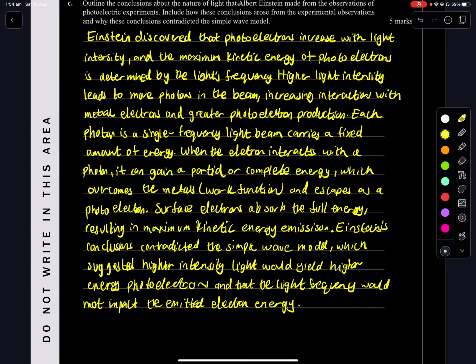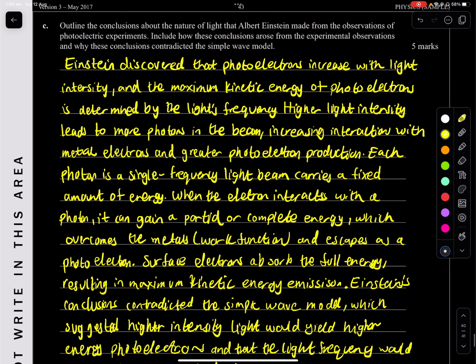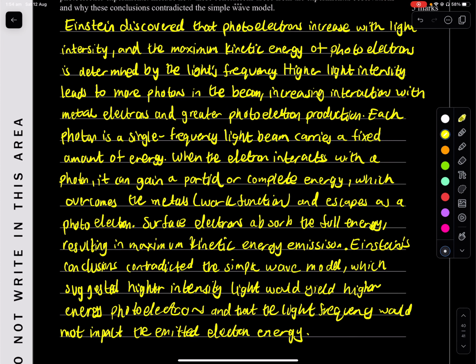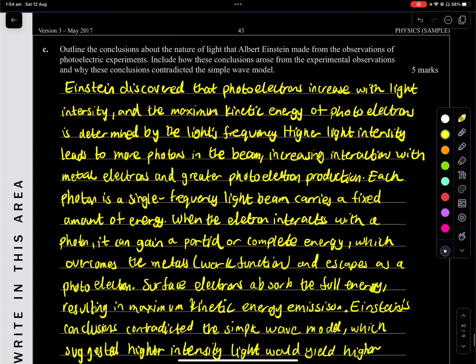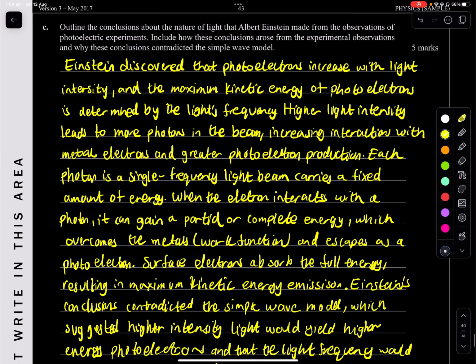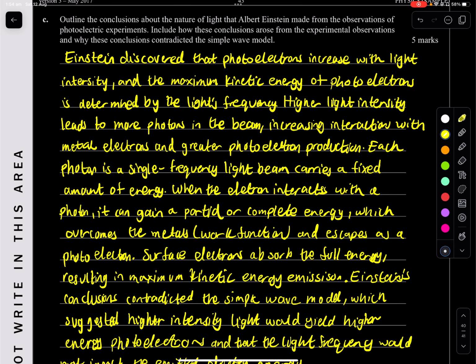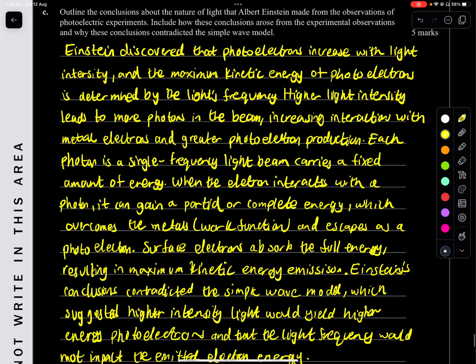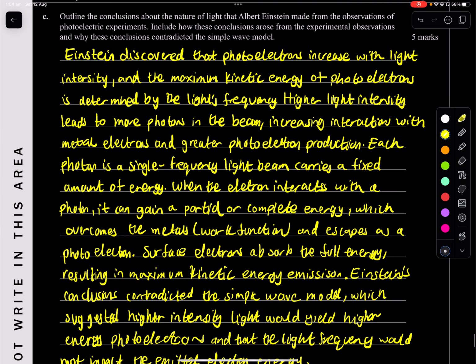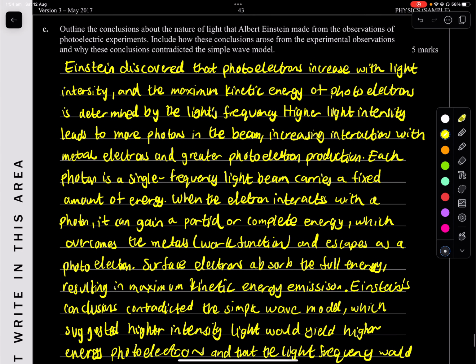That's that. This over here is a full explanation, by the way, from my actual notes. Please have a read through this and take the main important parts of how Einstein contradicted the simple wave model. This is probably a 5 marker, but no one writes this.